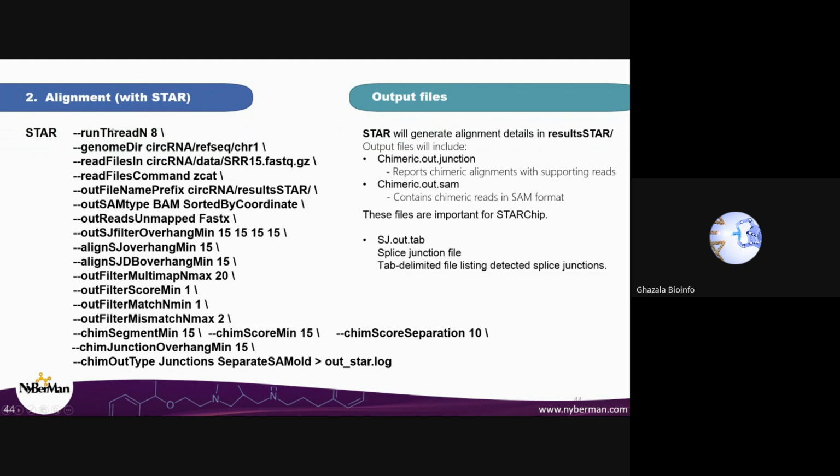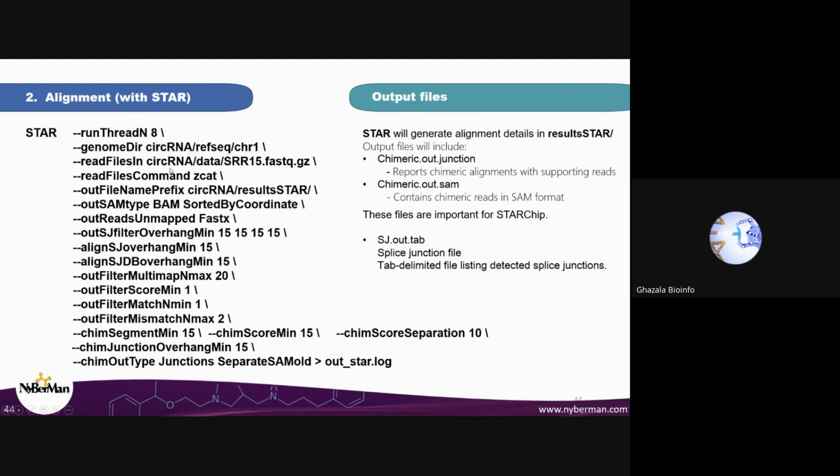This alignment step is optional here, because we can do the alignment within STARChip itself, but we can prefer it separately, because when we are running STARChip with STAR and there is an error, it will be difficult to understand whether the error is in the alignment step or in quantifying the circular RNAs. So it is better to run alignment first and then go for circular RNA quantification with STARChip.